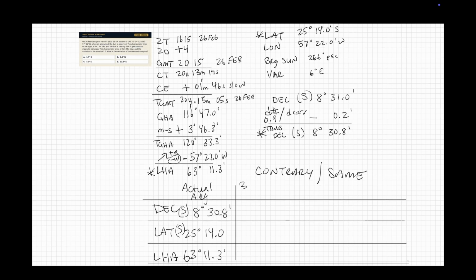And we have our base arguments, which are basically the whole numbers: south 8 degrees, 25 degrees, and 63 degrees. Contrary or same: our declination and latitude have the same sign, so it is the same. We're going to X that. I'll just erase it. So we got the same.